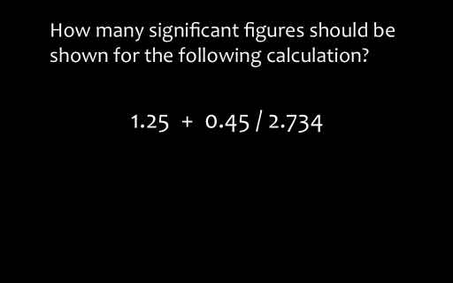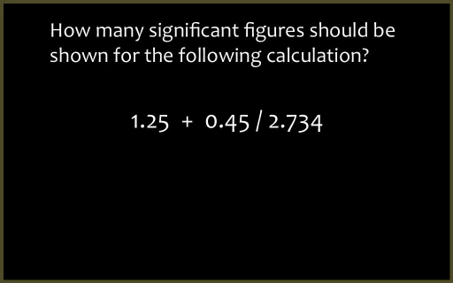Okay, now this one has adding, subtracting, and division. So we're going to follow our rules for order of operations. So I would do this part first. So over here I end up with 1.70. Now I'm going to keep that last zero there because they both have 2 decimal places. So I'm rounding to 2 decimal places.